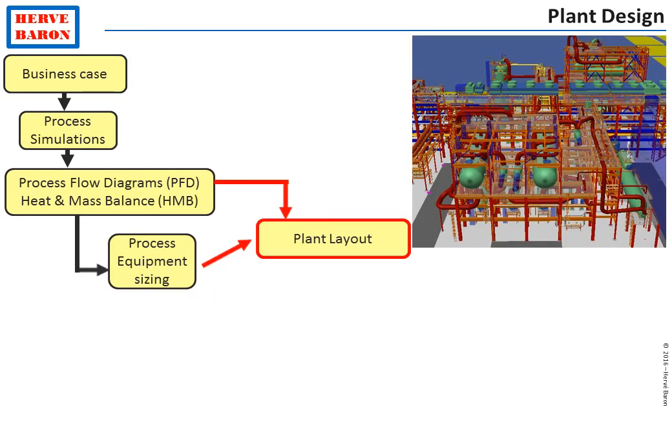The process equipment sizing yields equipment dimensions, together with the process flow diagrams, which show which equipment is connected to which. It allows to establish the plant layout.